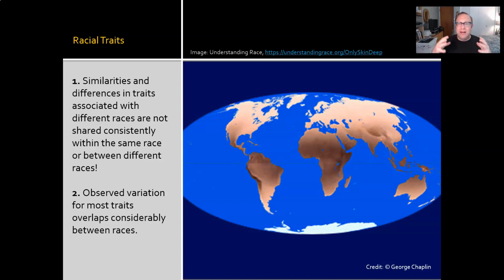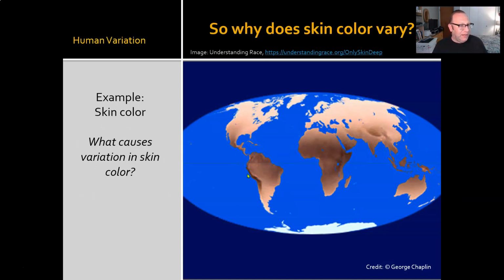Okay, there's a lot of overlap, and oftentimes there's more difference within a race than there is between races. So that means using these markers is not a great measure of the existence of race. Instead, markers like this come about because of evolution.